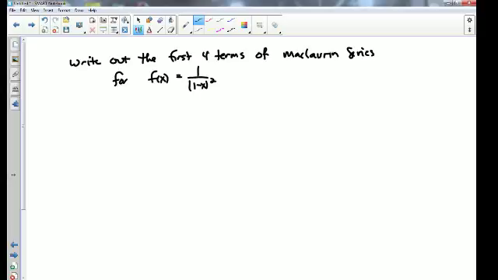Don't you just write out the series for 1 minus x and then square it? You write it out twice.